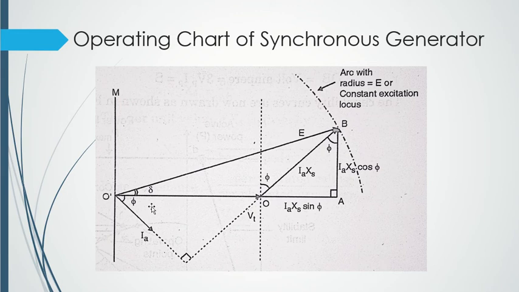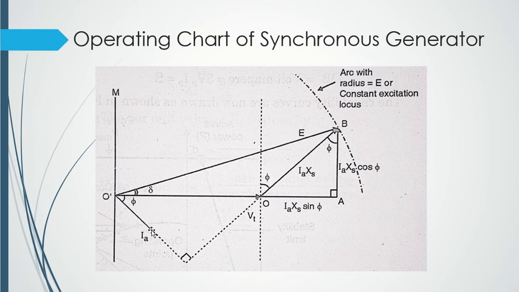Because of that, some EMF will be induced. So we have this EMF here. Now the current will lag this EMF by exactly 90 degrees. So where you have drawn this EMF vector, the current will be 90 degrees from this EMF vector.